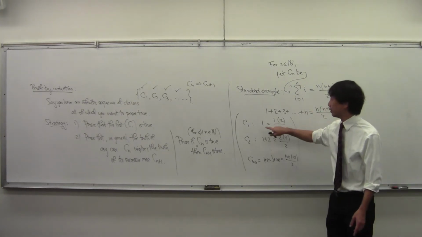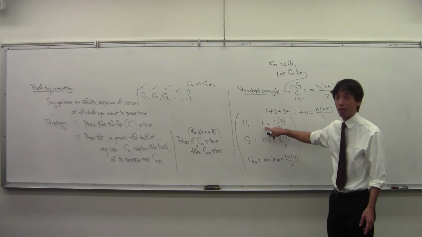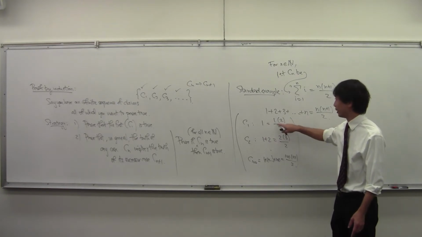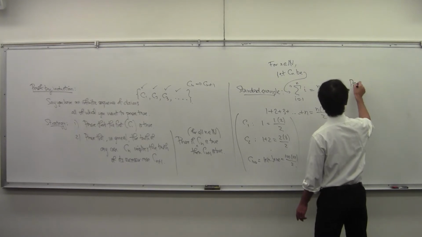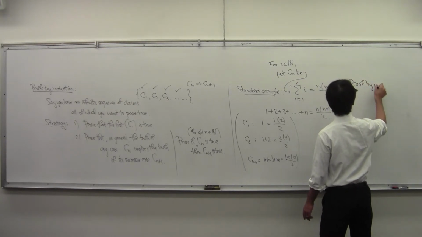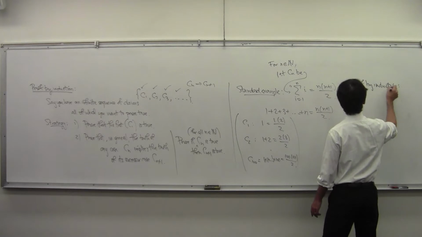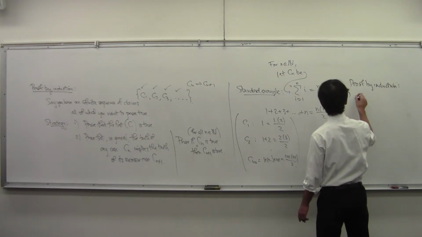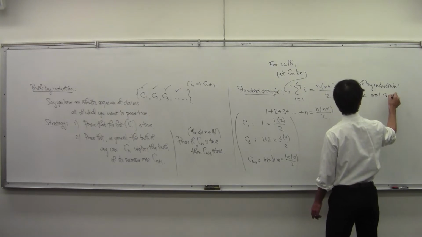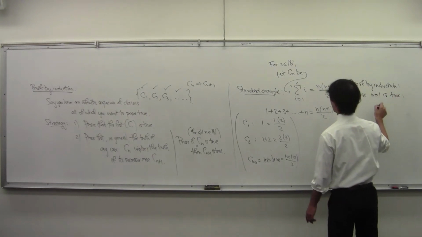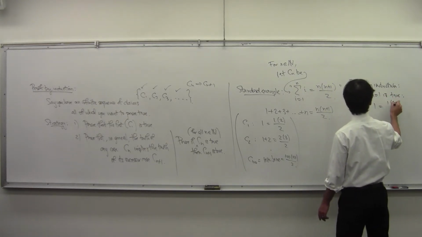So the first one is definitely true, right? 1 times 1 is equal to 1 times 2 over 2. So we'll do proof by induction. The case n equals 1 is definitely true, right? Because 1 equals 1 times 2 over 2.